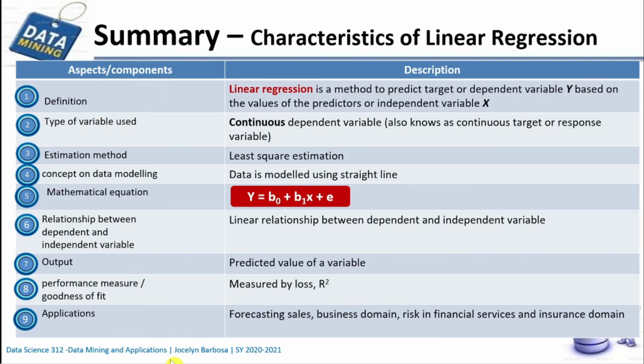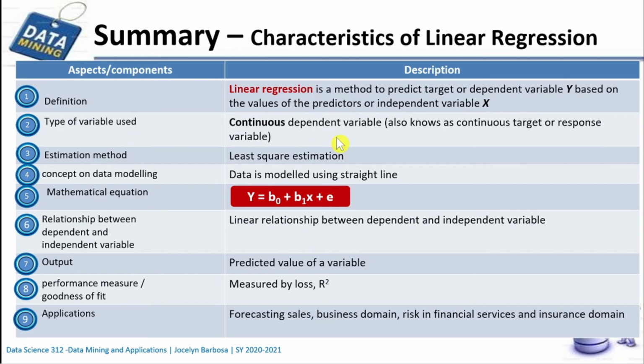So okay, just to summarize the characteristics of a linear regression, in terms of these aspects or components that we have looked into and the corresponding description. One, the definition. We have already defined it earlier: linear regression is a model to predict the target or dependent variable y based on the values of the predictors or independent variable x. What type of variable is used?